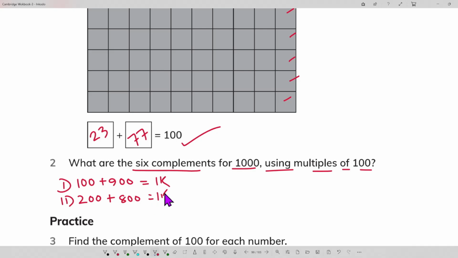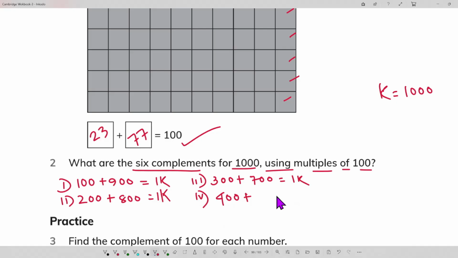We can write in short form K equals 1000. Then third, 300 plus 700, it will be 1000. Next 400 plus 600, right, it will be 1000.